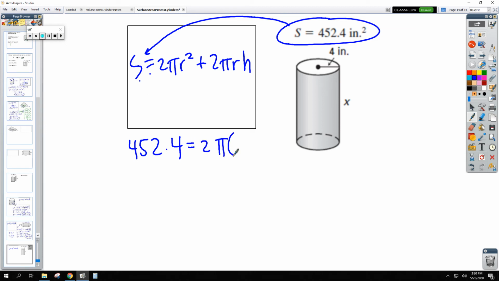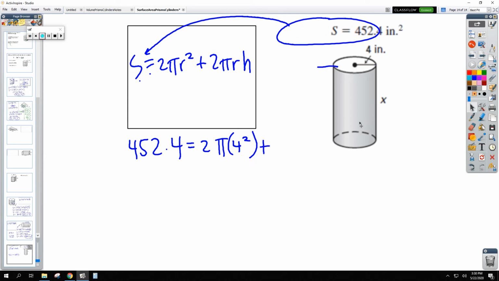Here we go again. The radius, 4 inches. That will be squared. Plus, let me scoot some stuff over here. Two times pi times the radius again, times the height, which is what we're trying to find. We don't know the height of this thing. That'll be our variable we're going to solve for.